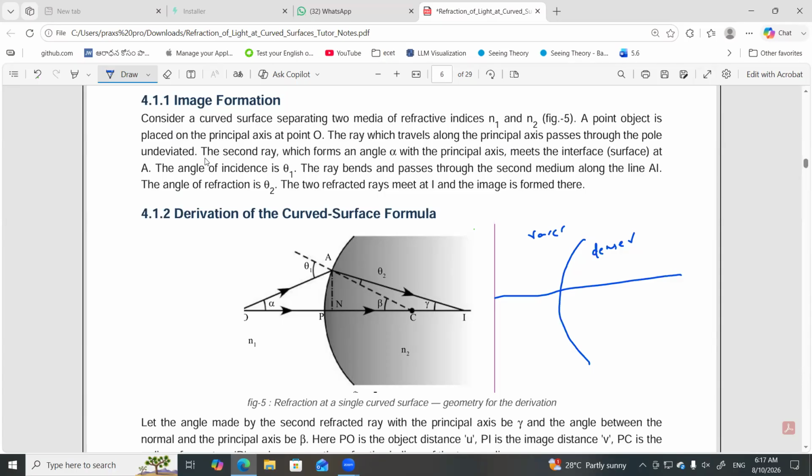Then, good. Somewhere you put a point on the axis as O, the object. And here at some point you put the center of curvature. Now one light ray you draw like this.